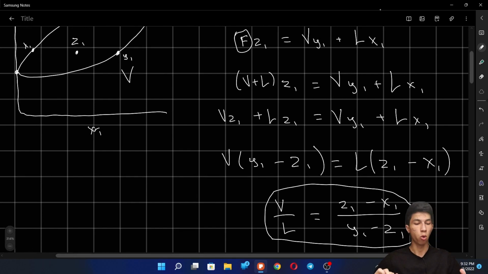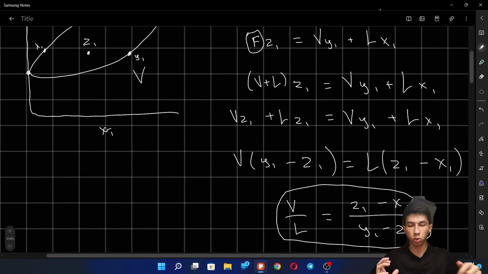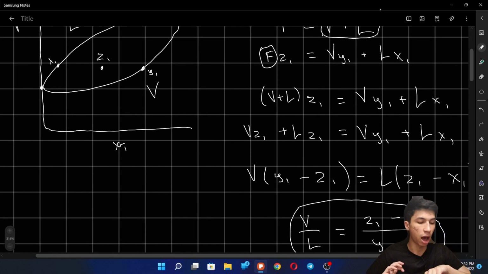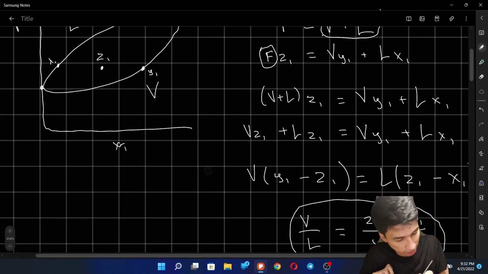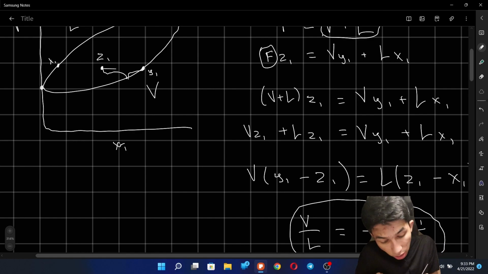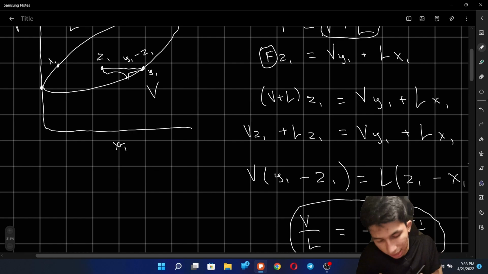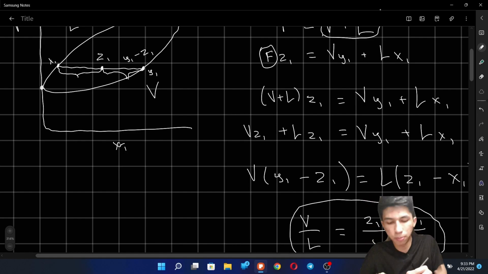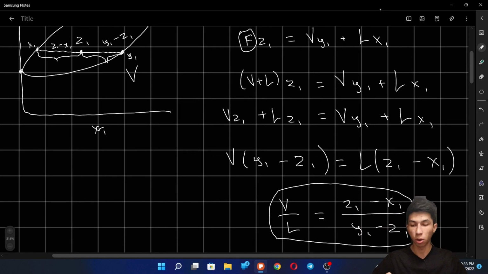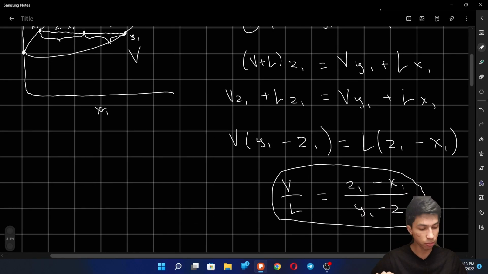So why is that so useful? So now if we take a look at our phase diagram, this line here represents y1 minus z1, right? So it's going to be y1 minus z1. And this distance represents z1 minus x1. So we have both of them here.